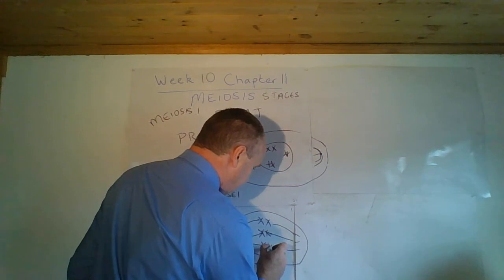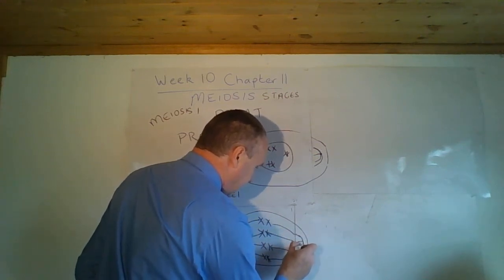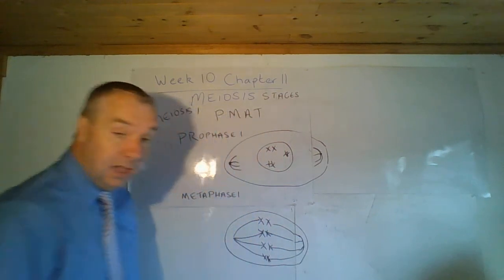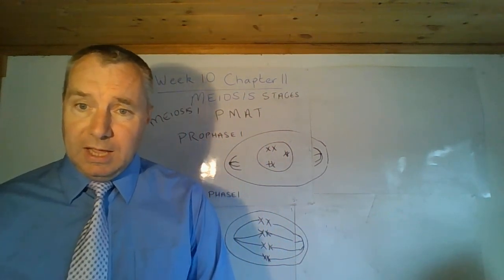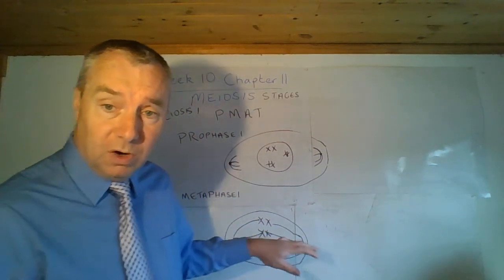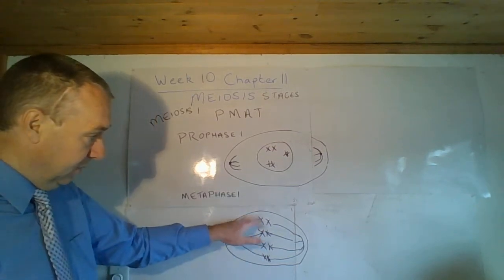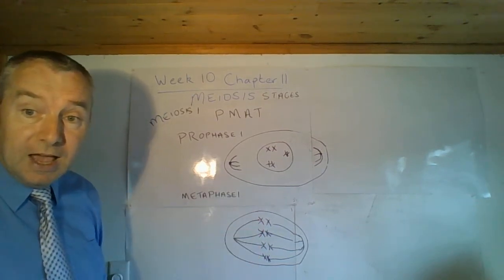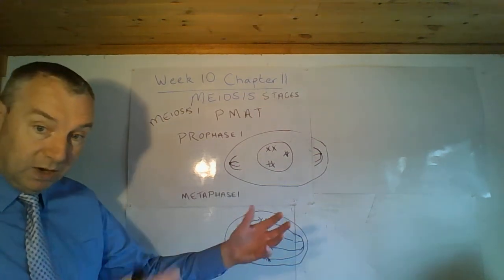Only this time, each spindle fiber, instead of pulling on a single sister chromatid, is pulling on a full chromosome, a pair of sister chromatids, and it's pulling those away.